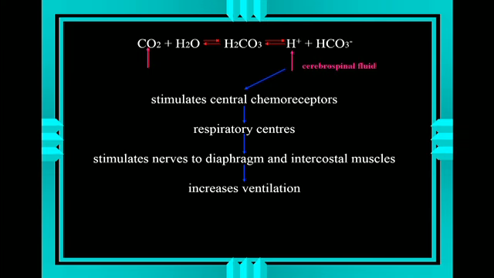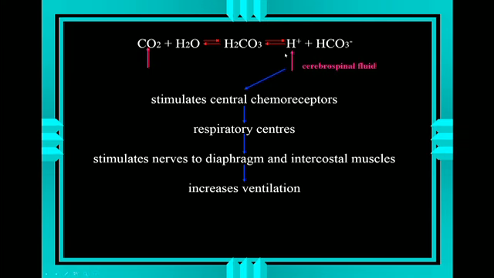So if we increase the partial pressure of CO2, maybe because you're exercising, maybe because you're not breathing sufficiently, whatever the reason is, because this equation is always in equilibrium, that will drive the equation to the right, and hence you'll increase both hydrogen ions and bicarb in order to maintain equilibrium or balance. Increased hydrogen ions will make the pH go up or down? Down, more acidic. So increasing the hydrogen ions makes it more acidic.